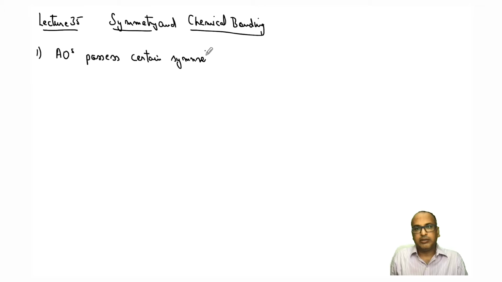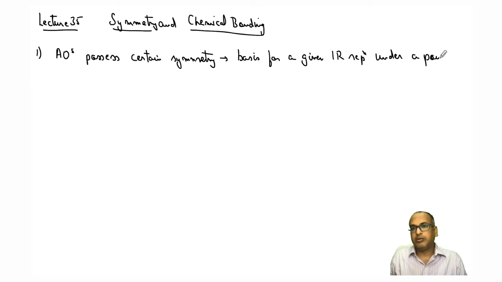That is, they can form bases for a given irreducible representation under a point group. Now, the point group will be dependent on the molecular shape.